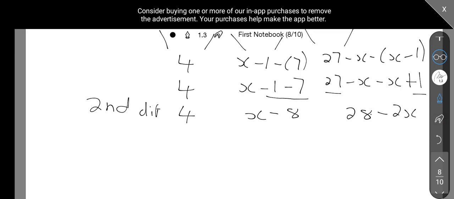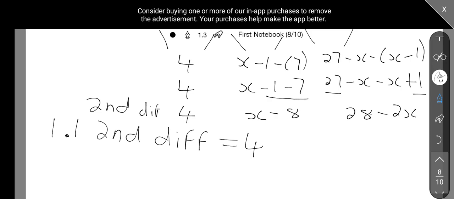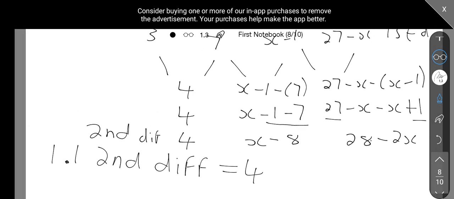So we can say that therefore the second difference, this is 1.1, is equal to 4. Even though these are the second differences, they are not values, they are expressions. Remember, we have said when we were introducing the quadratic sequence that whatever is here is the same as what is here and the same as what is here as well.